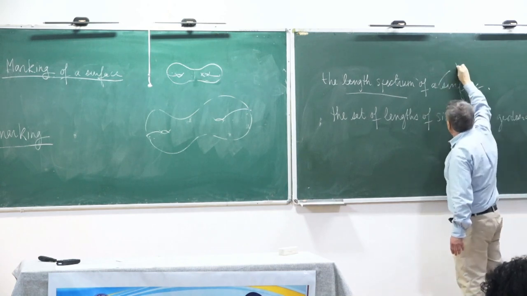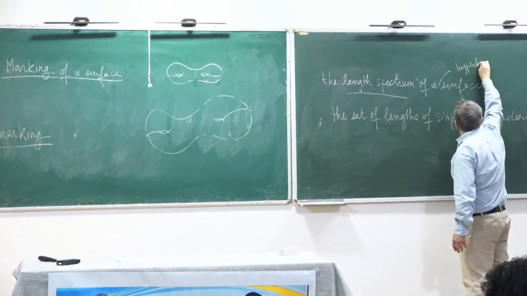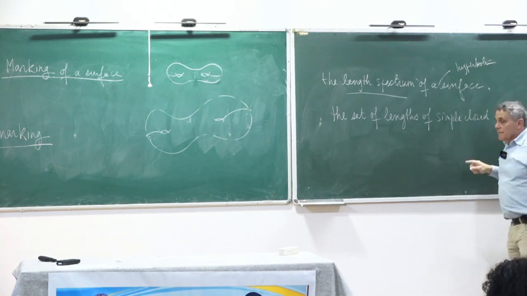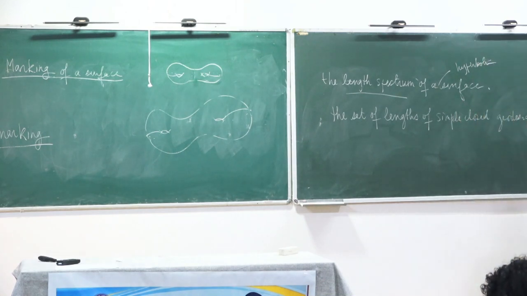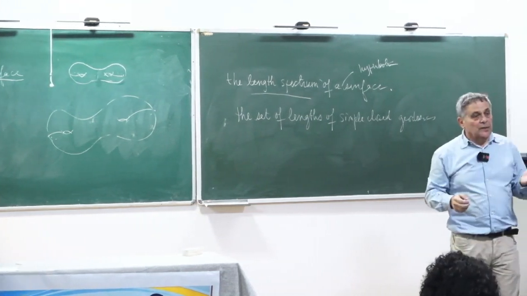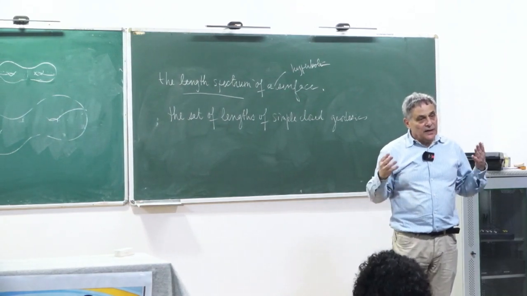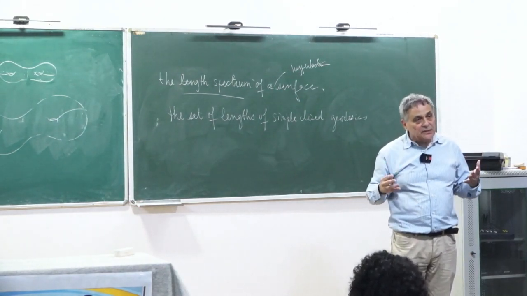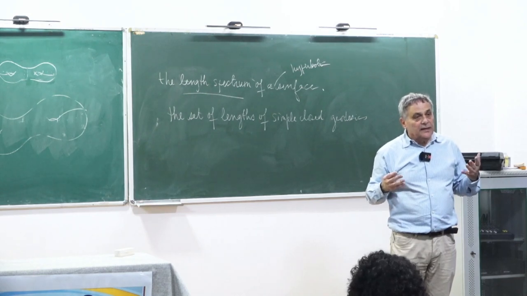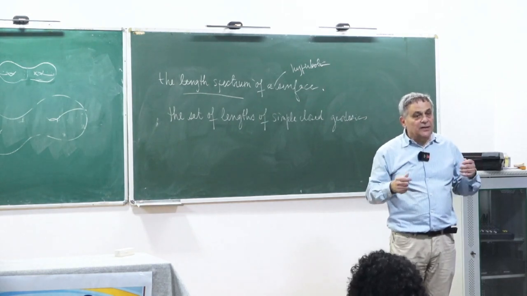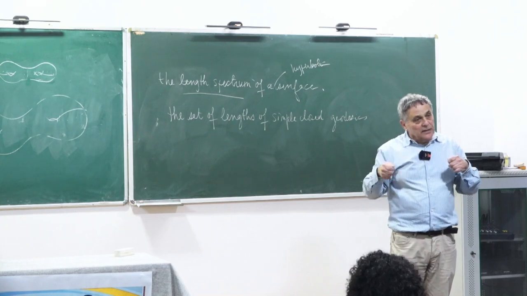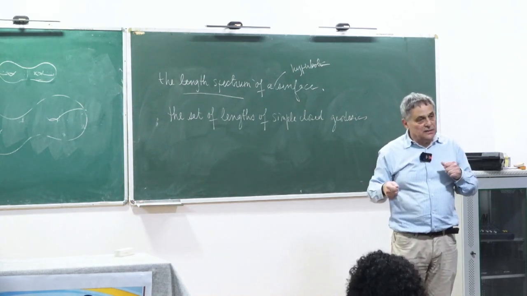Here, let's say I have a hyperbolic surface. And one thing which is true, if you say it precisely, is that the length spectrum of a surface determines the isometric class of the surface. It determines the geometric structure. So a hyperbolic surface, I can characterize it by the length of its simple closed geodesics.